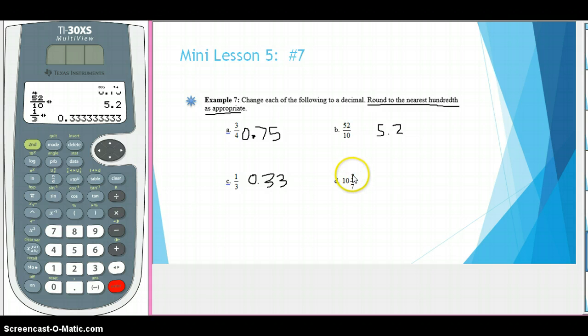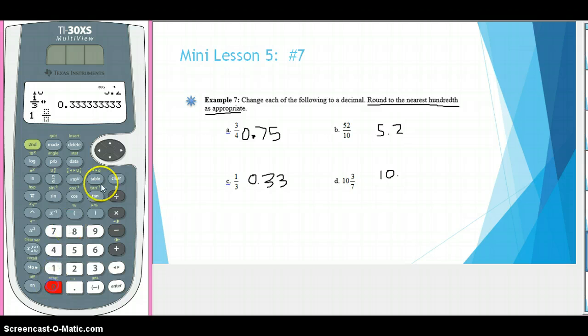Last one, 10 3/7. Well, we know it's going to be 10 point something. Okay, we just need to write the 3/7 as a decimal. But again, I'm just going to start with the whole thing. Put in my 10 3/7. Ask the calculator to change it to a decimal, and there I go. Now, notice this decimal doesn't seem to be repeating in any pattern I can see.